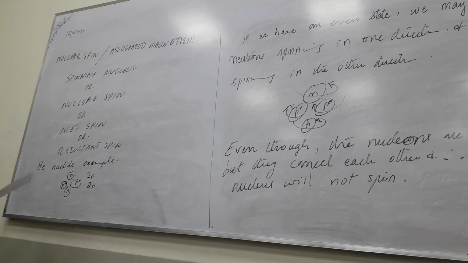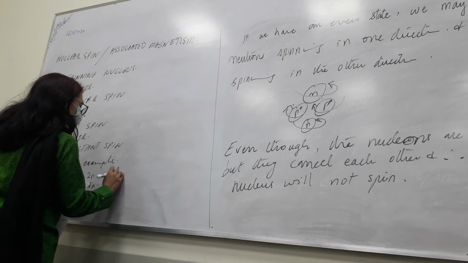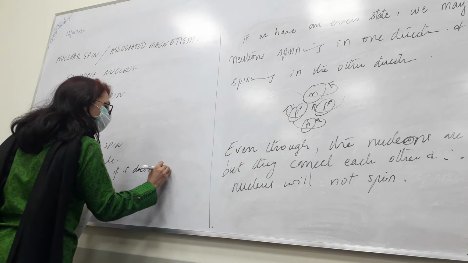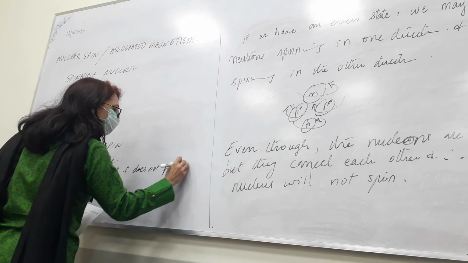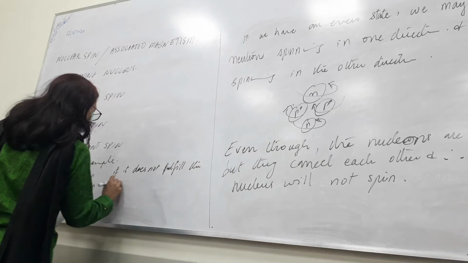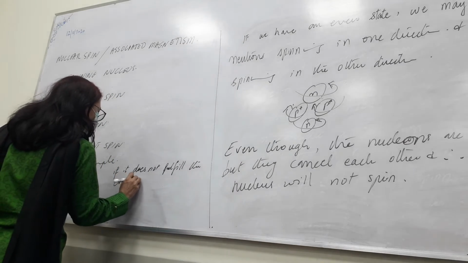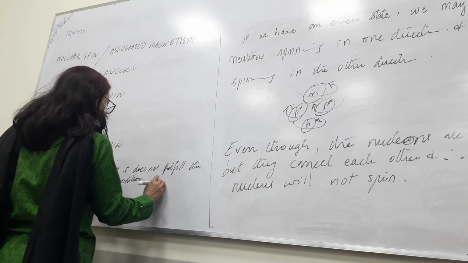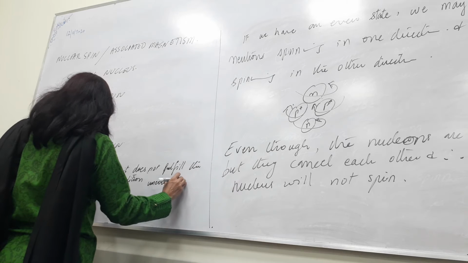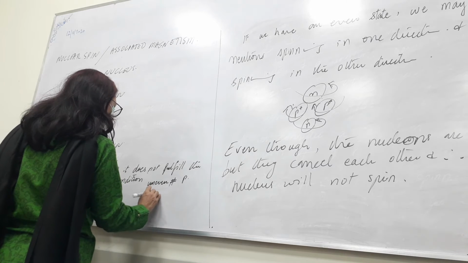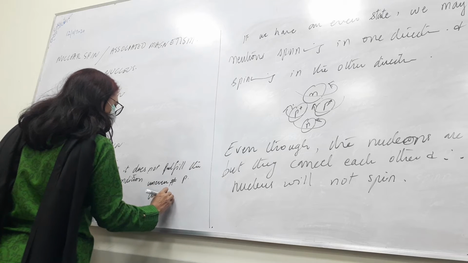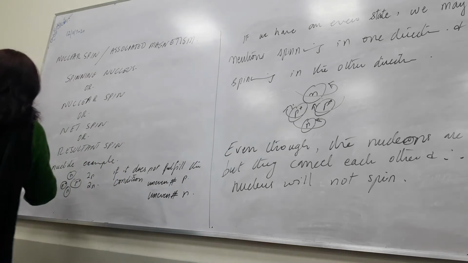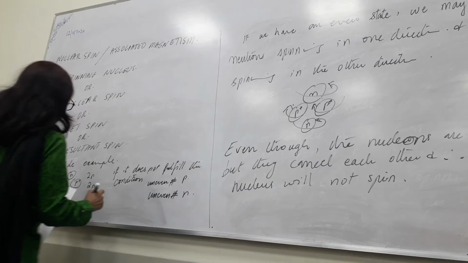So now, if it does not fulfill the condition that we just said, which was uneven number of protons and uneven number of neutrons, then the nucleus will not show a spin.